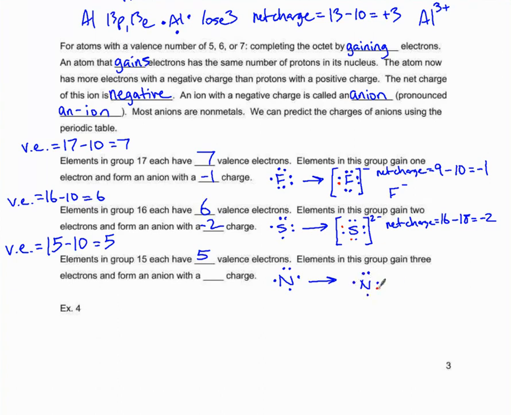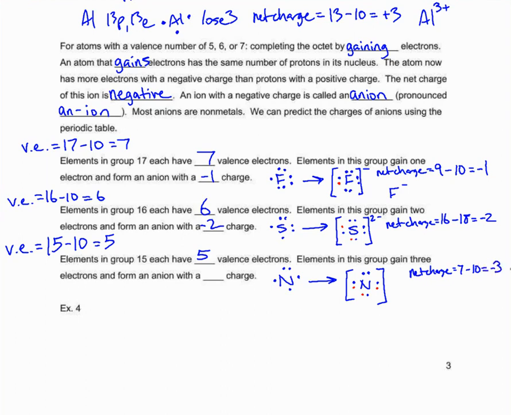So we'll put 1 here, 1 here, and 1 here. Now it has its 8 electrons. That's the complete octet. That's what we're going for with these. And we have to indicate that it now has a charge. Let's look for the net charge. So it has 7 protons, and it picked up 3 additional electrons, which means 10.